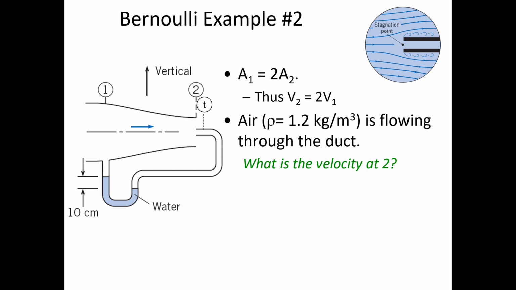And so if the area at 1 is double the area at 2, 2A2, then we're saying V2 is double V1.